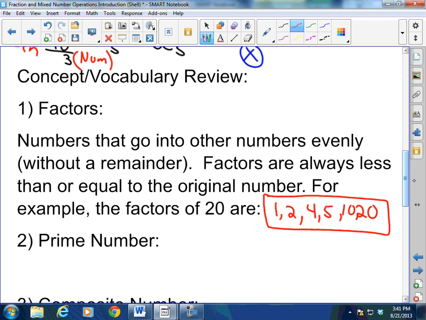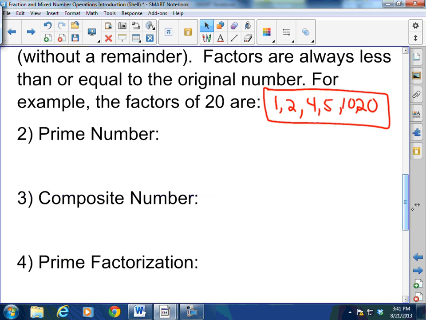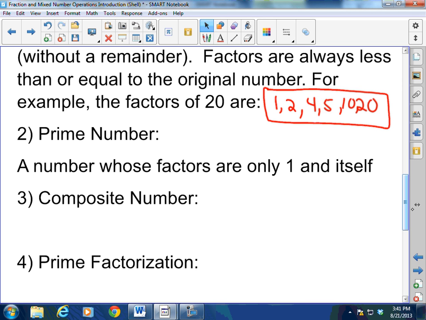Very simple. Now, when we're talking about factors, sometimes they're going to ask you to find a prime factorization, or when we're adding and subtracting and multiplying and dividing, sometimes you need to know what kind of factors or multiples are valid for that use. Sometimes these numbers are called prime. A prime number is a number whose factors are only 1 and itself.